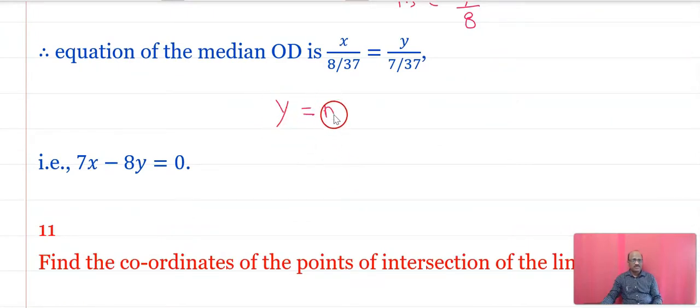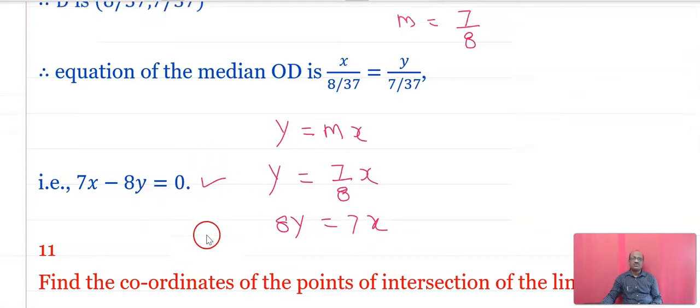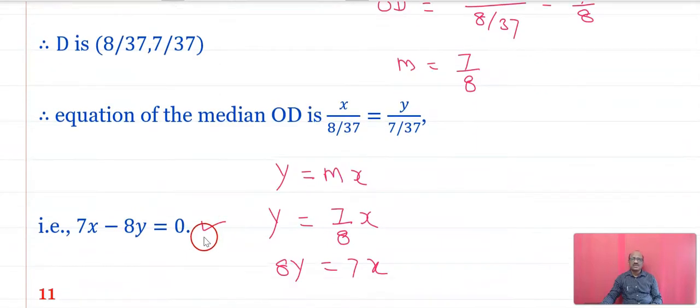That is y is equal to mx. So here you can write y is equal to 7 upon 8 into x. Now simplify this, then you will get 8y is equal to 7x, and it can be written as 7x minus 8y is equal to 0. This is the equation of the median.